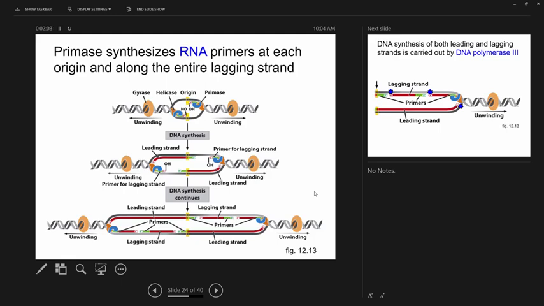As soon as you get enough template over here and over here, then primase is going to lay down another RNA primer that's going to be the first lagging strand Okazaki fragment. And then this RNA primer can be elongated from here to there by DNA polymerase, and from here to there by DNA polymerase.